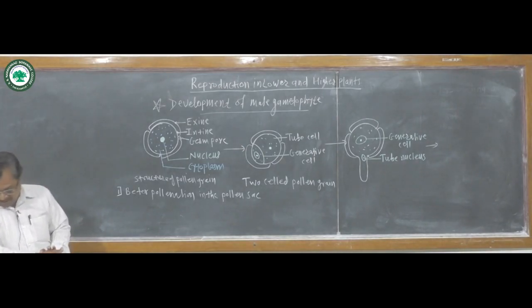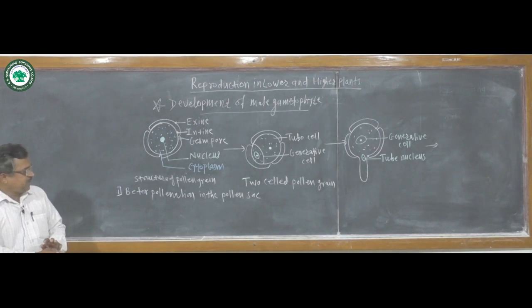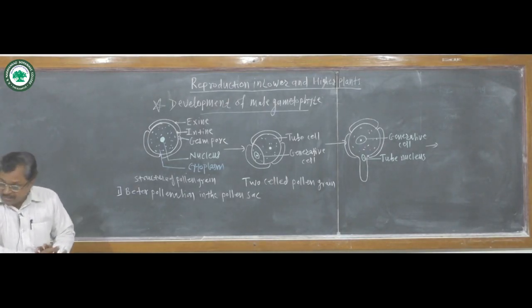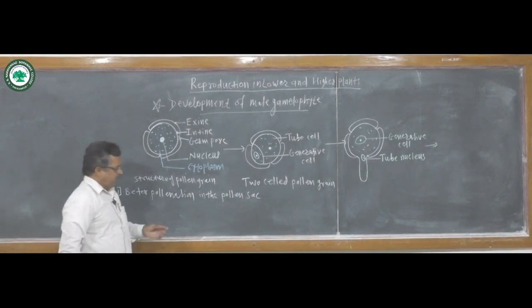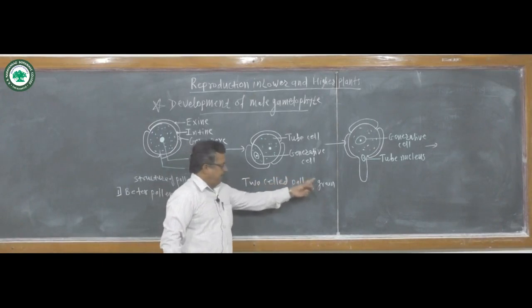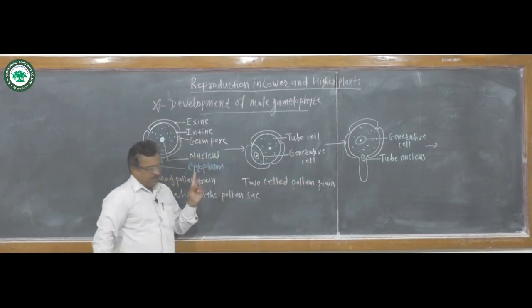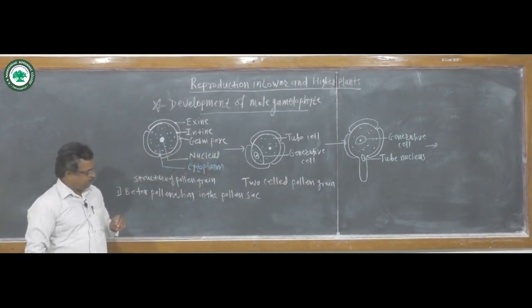In this 2-celled condition, the generative cell has a large nucleus and thin cytoplasm, and the larger cell is called the vegetative cell. It has a smaller nucleus and cytoplasm. This 2-celled condition of the pollen grain is present in the pollen sac.